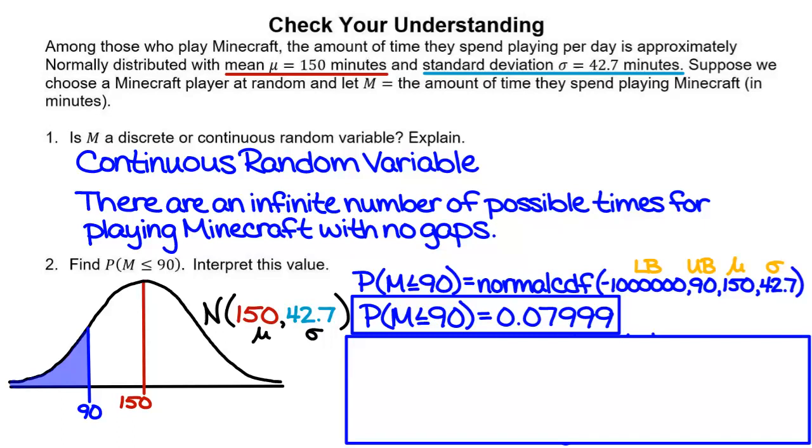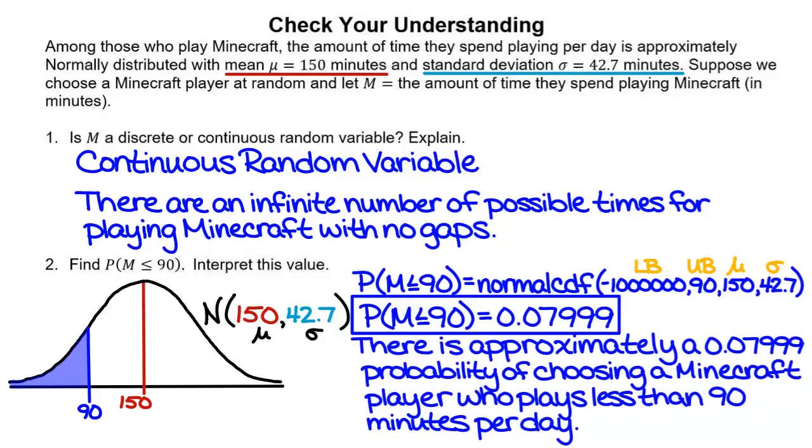This is telling me part of my interpretation. What's that big capital P stand for? The probability. Yes. The probability of selecting a Minecraft player, not just any Minecraft player, but this is the probability that I randomly select one of the people from this sample, the probability that they play Minecraft for less than 90 minutes a day.